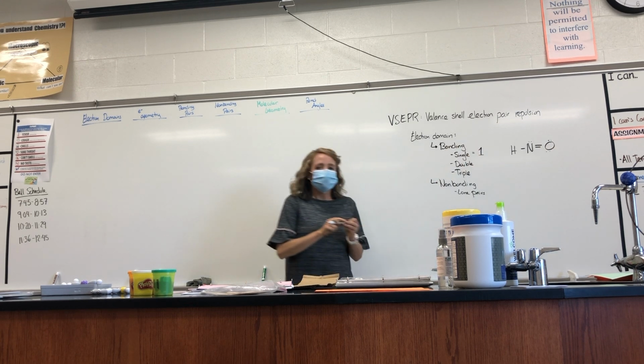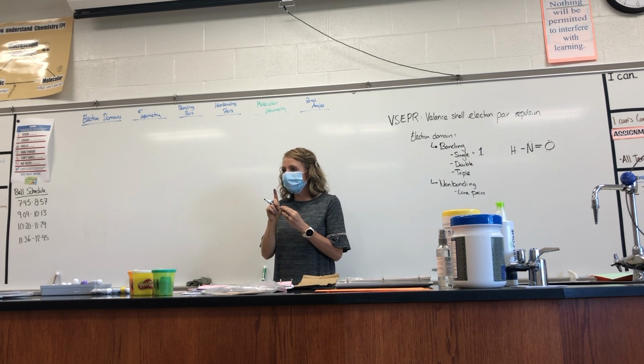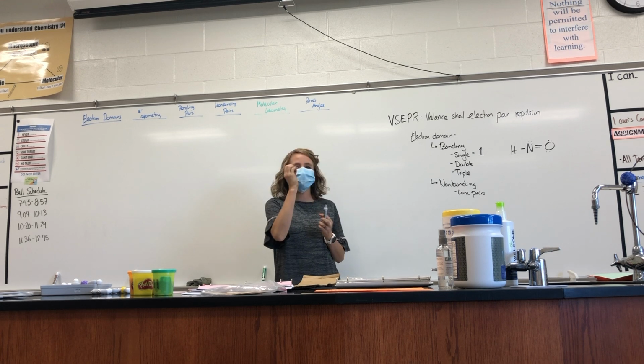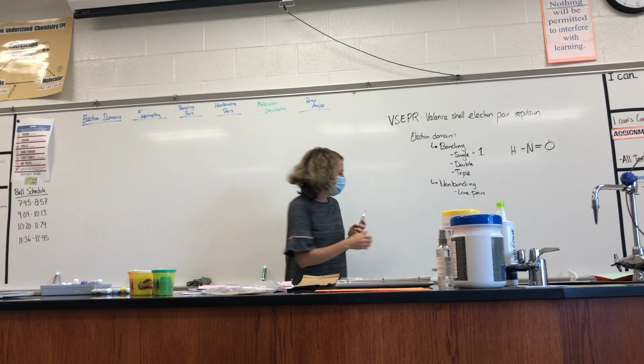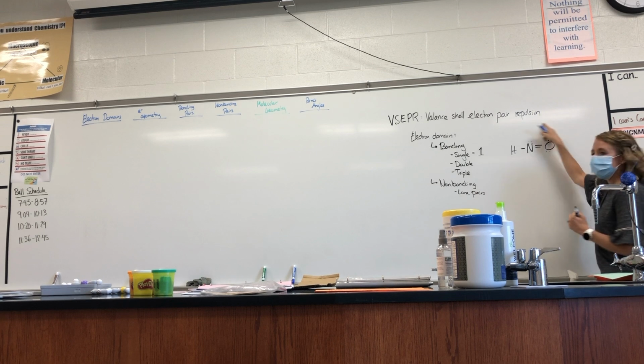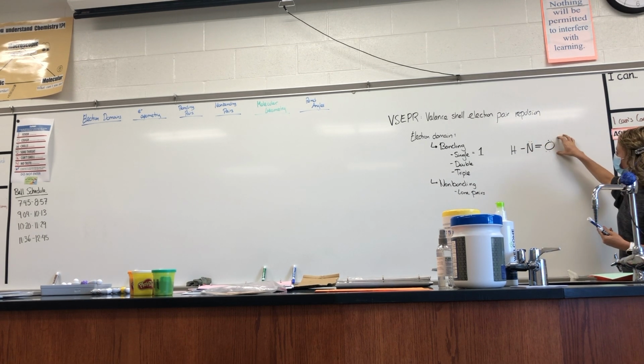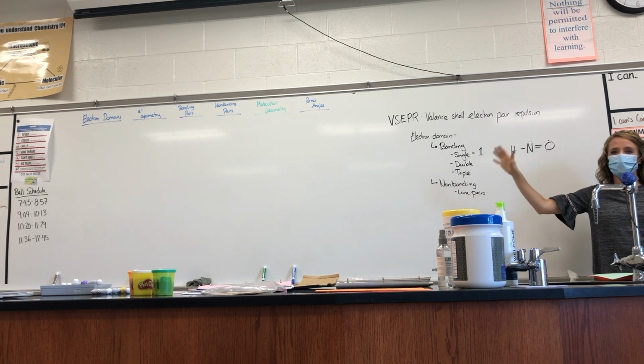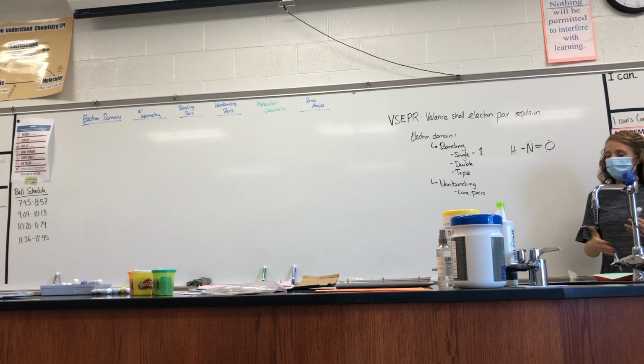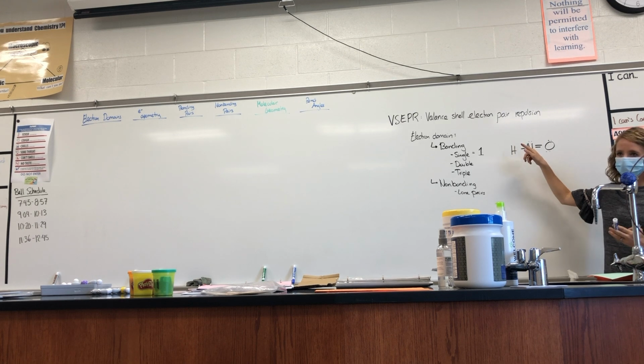Okay, first off, when we count domains, we're only counting what's on the central atom. So in this molecule right here, here's my Lewis structure, I'm only looking at the nitrogen. The domains on the outside atoms are too far away to influence the shape. But these are the ones that are pushing away from each other.